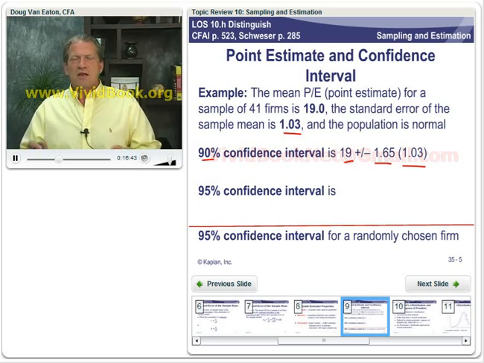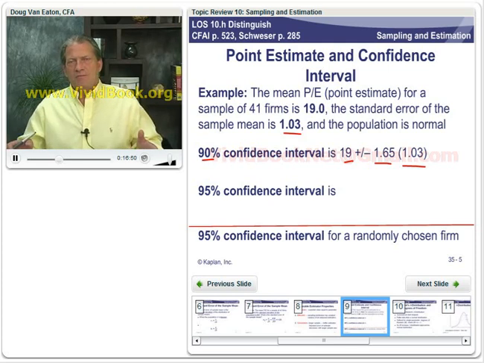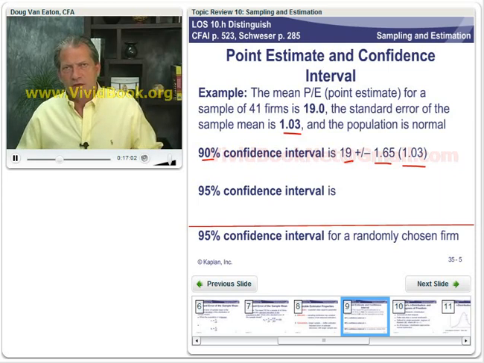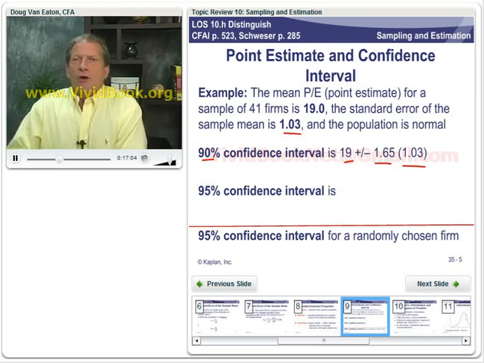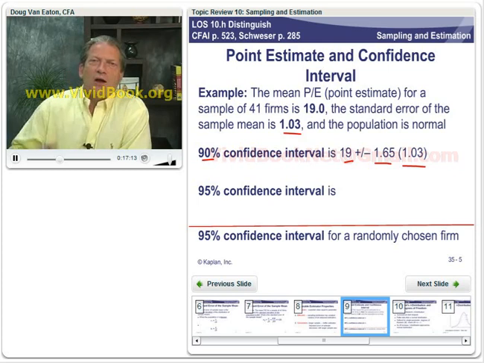That's our 90% confidence interval. The idea is there's 5% in each tail, right? And we're only going to get observations outside of there 10% of the time. 5% in one tail, 5% in the other tail. So we're saying this 90% confidence interval is plus or minus 1.65 standard errors around our point estimate of 19.